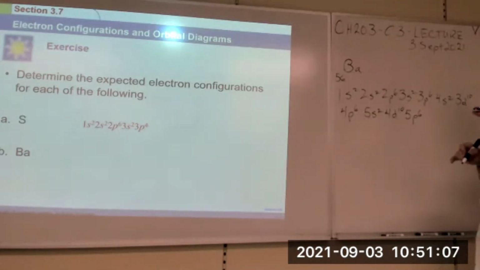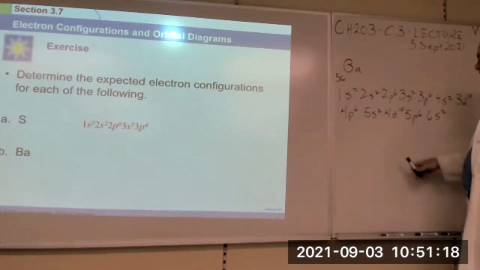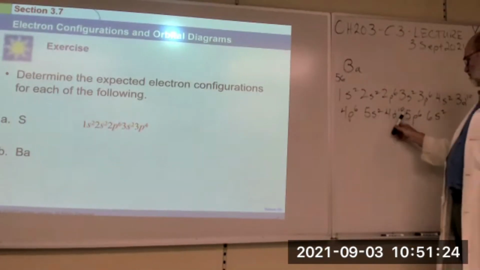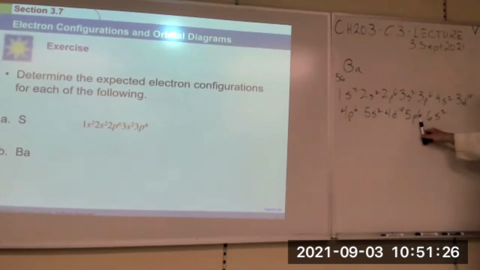Okay, here we are, 5p6. Now we're down to 6s. 6s2. That's barium. Let's count them up to be sure. 2, 4, 10, another 10, 20, 30, 40, 48, 54, plus 2 is 56. So all our electrons are accounted for.